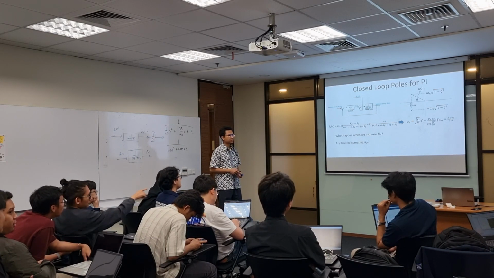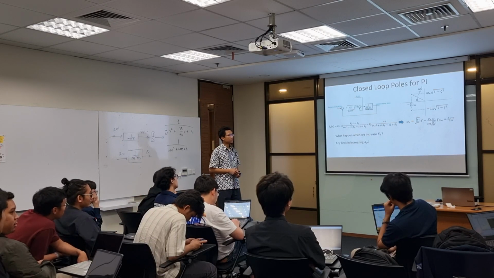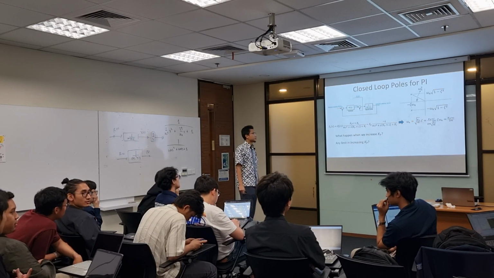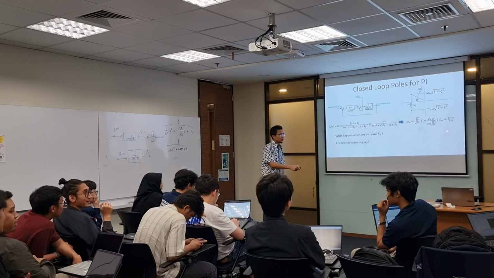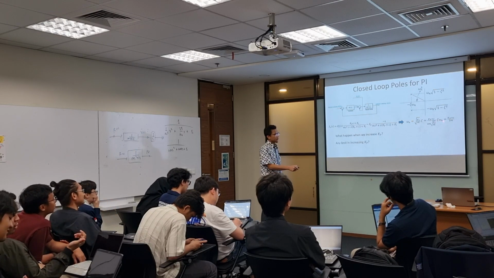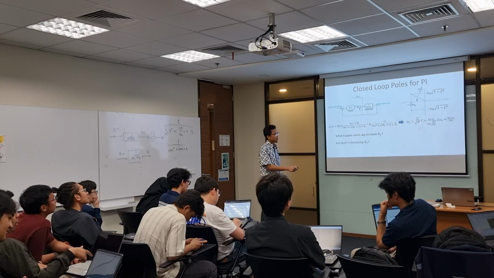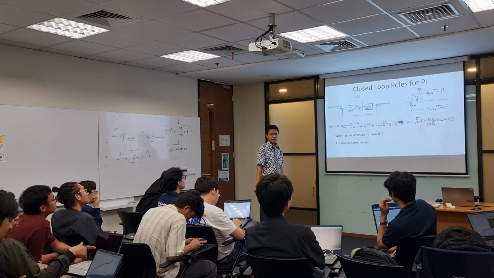It has to be s squared plus 2 zeta omega n s. You increase Kp, this part will become bigger, and also zeta. Zeta will become bigger also.